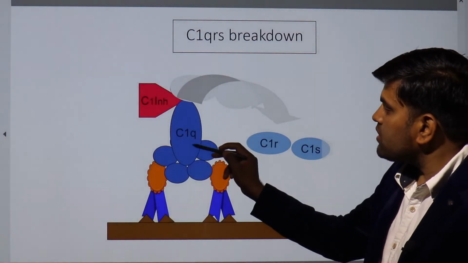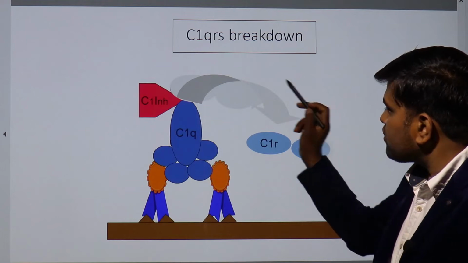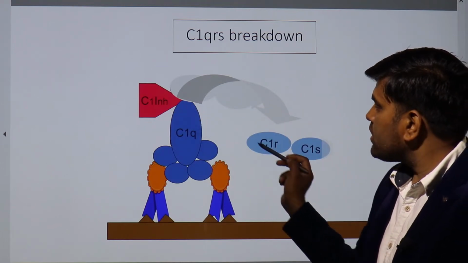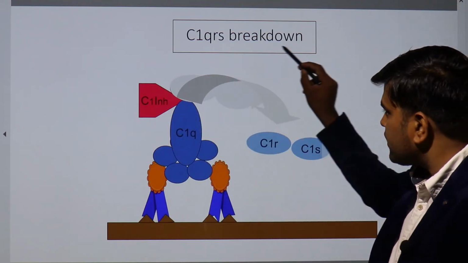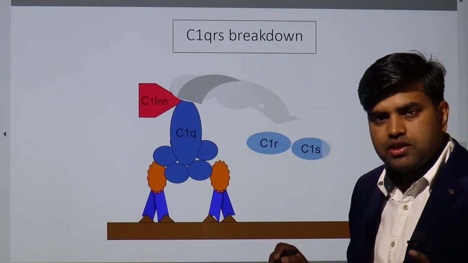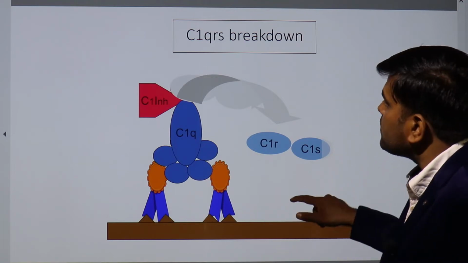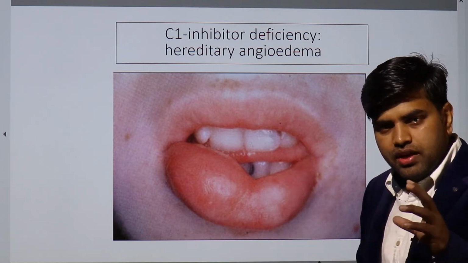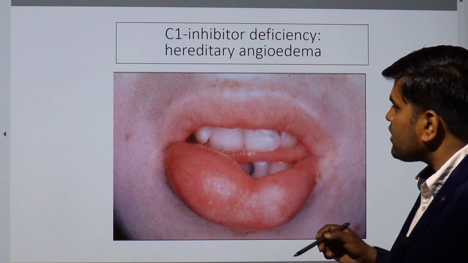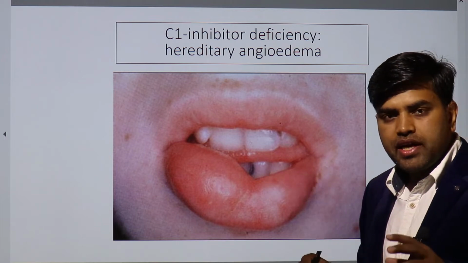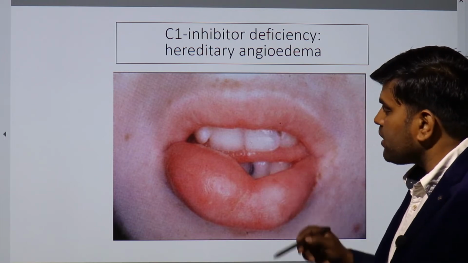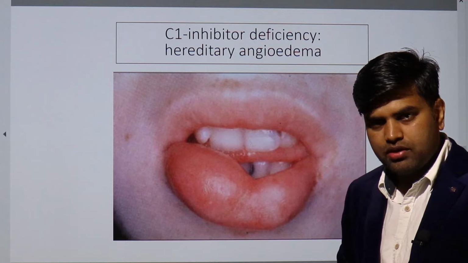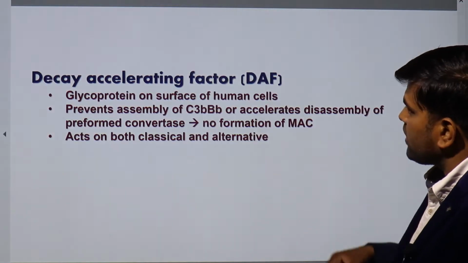See, this C1 inhibitor is inhibiting the C1s from binding. If it is not there, then they will bind, the cascade of the series of reactions will take place, and we will develop the disease. The disease is known as hereditary angioedema. This C1 inhibitor esterase has a role in the bradykinin mechanism as well, and because of that they will develop hereditary angioedema. So we have to understand this.